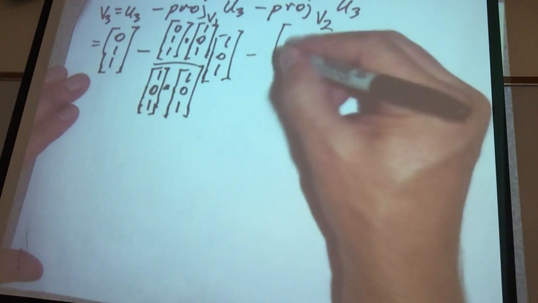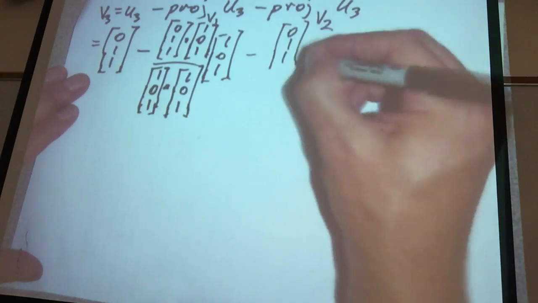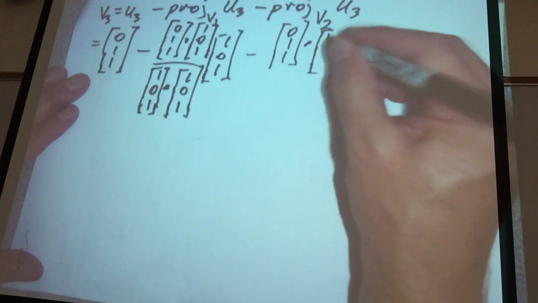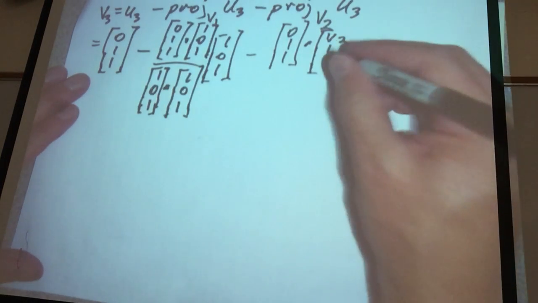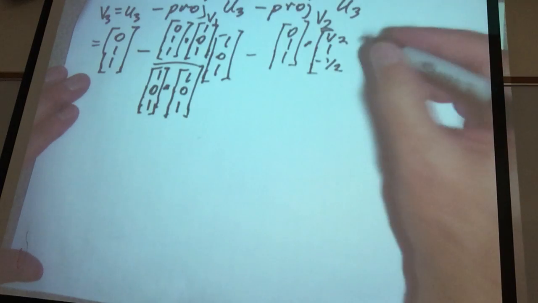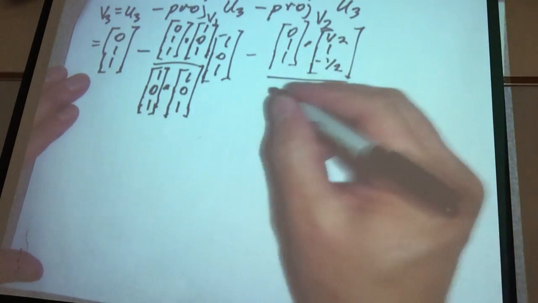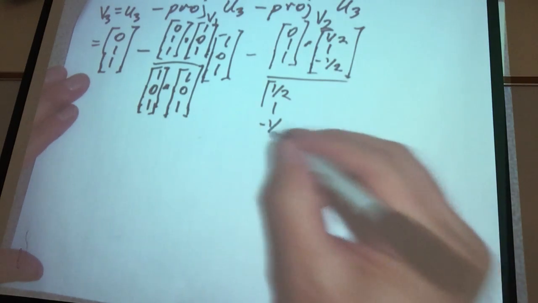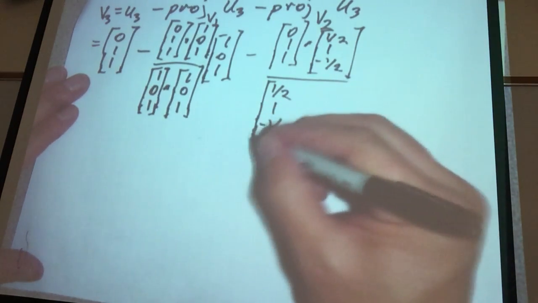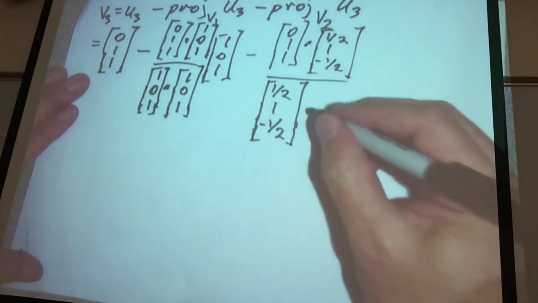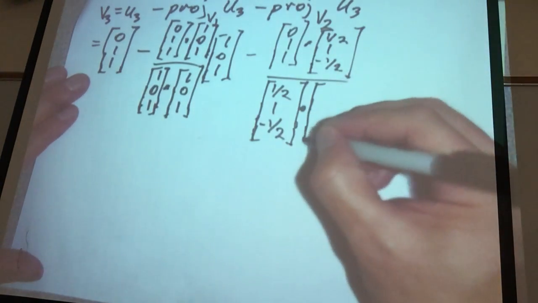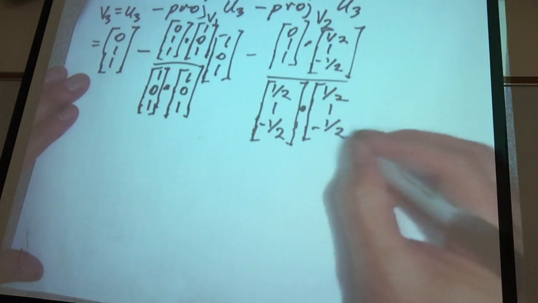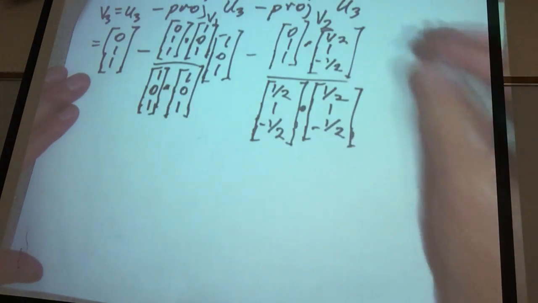And then minus, this is 0, 1, 1, and then dotted with V2, which is 1 half, 1, and then negative 1 half, and then multiply by, this is where we end up getting into a lot of the fractions.